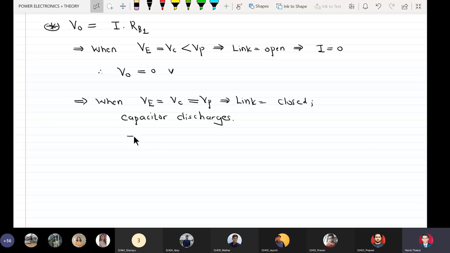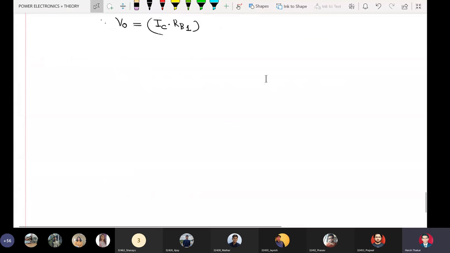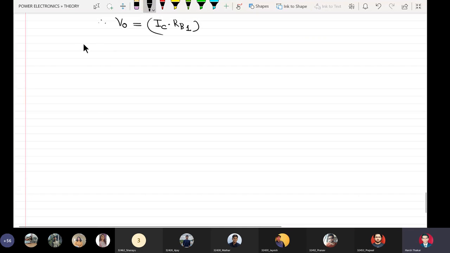So the current I in this case is equal to the capacitor current. Therefore, we get VO equal to IC discharge into RB1, and this is sudden. So it's very simple. If you want to actually plot, it happens something like this.